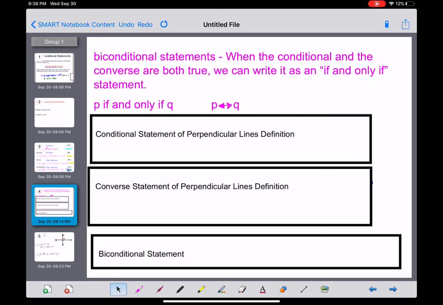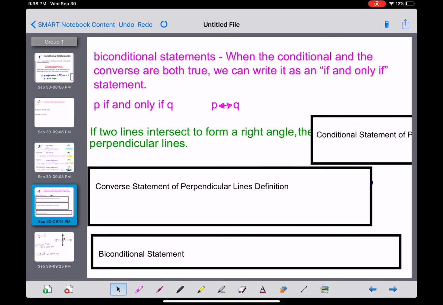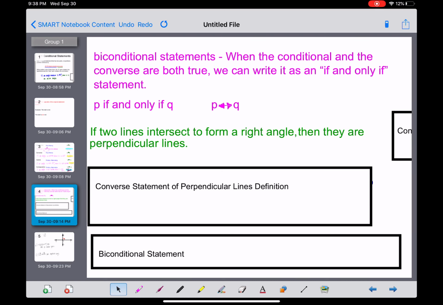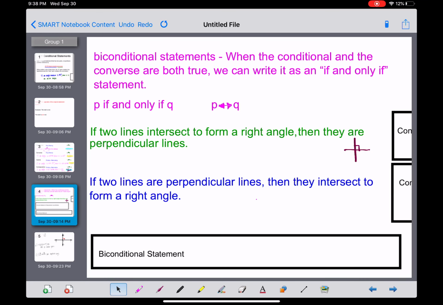So, for example, the definition of a set of perpendicular lines. Our definition is if two lines intersect to form a right angle, then we can say that the lines are perpendicular. So the converse is that statement flipped.